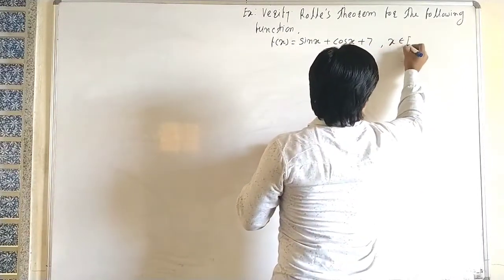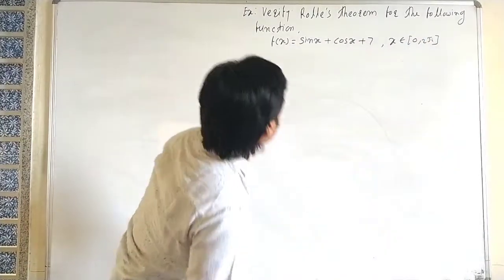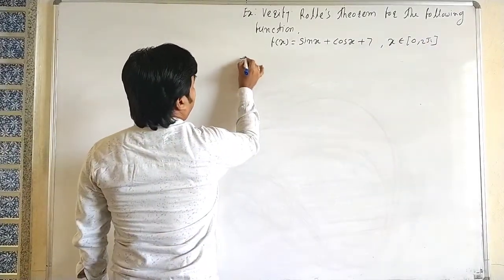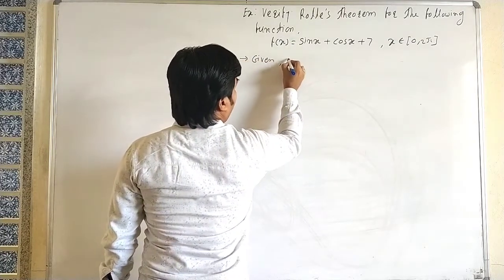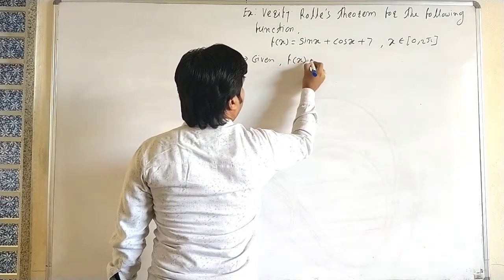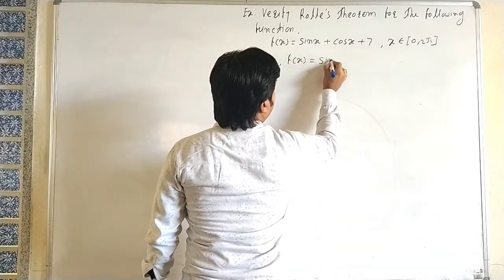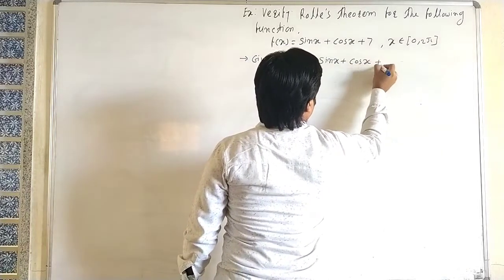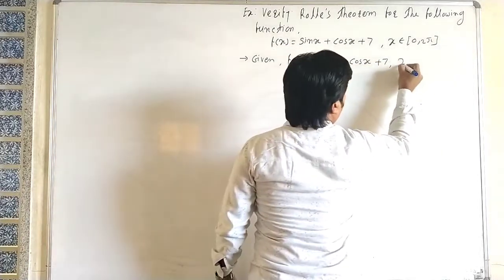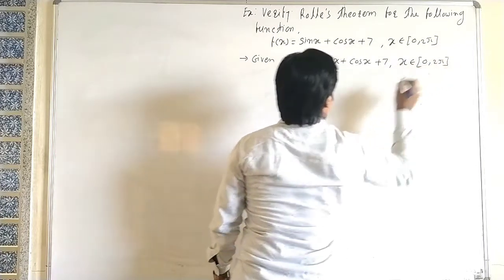Again x belongs to (0, 2π). Same example. Here given f(x) is equal to sin x plus cos x plus 7 for x belongs to (0, 2π).